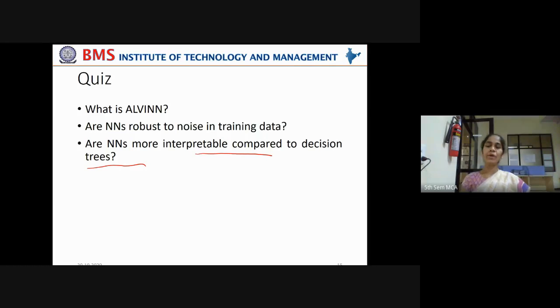Yes, somebody tried to answer. Neural networks are not interpretable when compared to decision trees. In decision trees, you can interpret what is happening, but in neural networks, it is like a black box. You can't see what is happening inside, how the processing is taking place. That is why only when human interpretability is not an issue should you select neural networks, right?